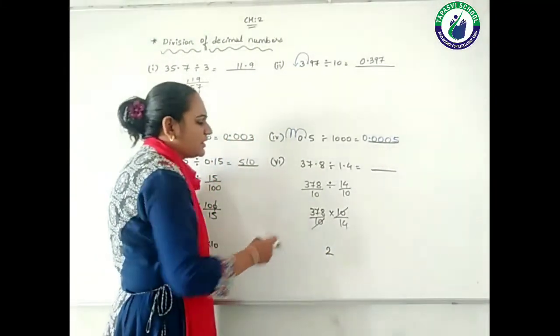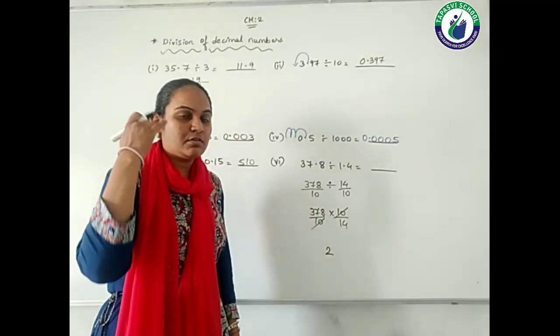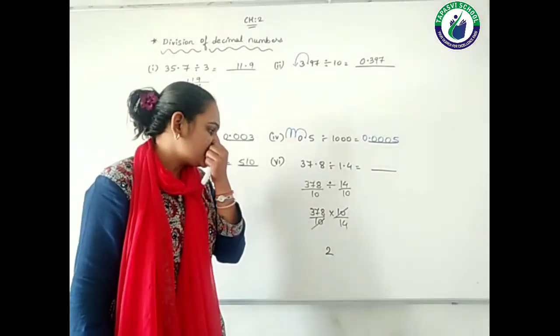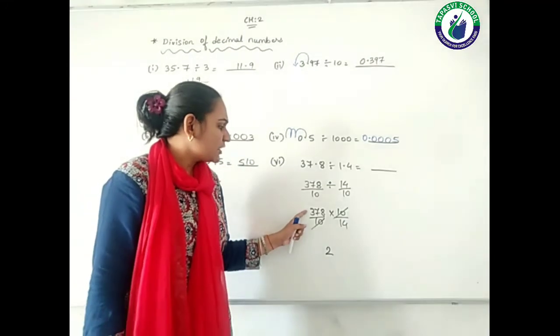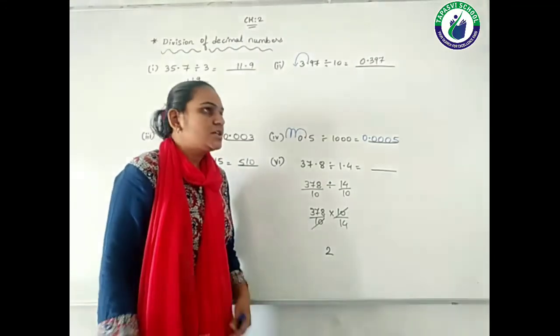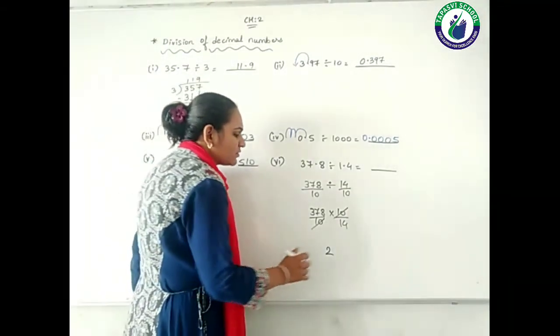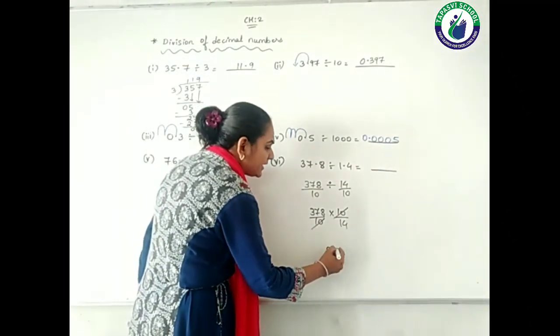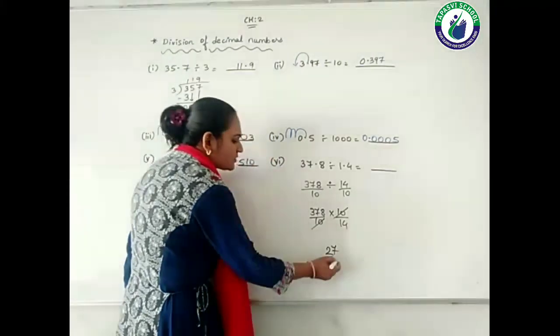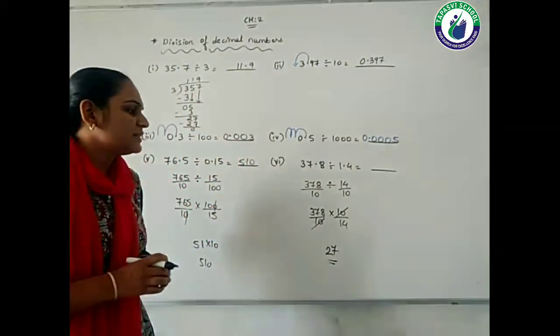So 37 से 28 चला गया. I am doing the mathematical calculations, right? So 37 minus 28. So we'll get 9 as a remainder. Bring down 8. So 98. So 14 की जगह 98 कब आता है?